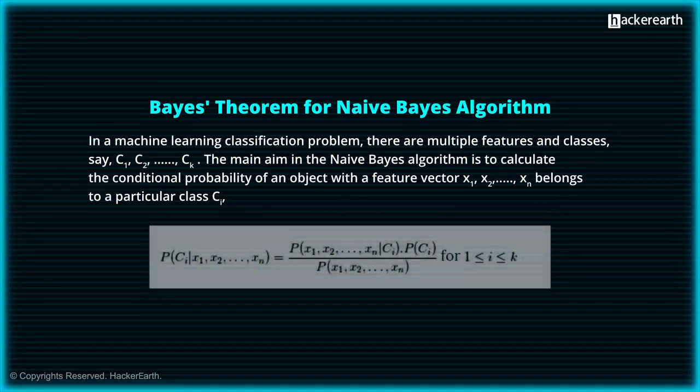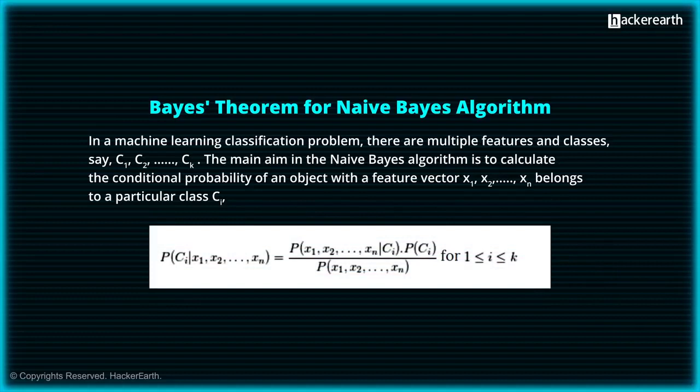That is, the probability of Ci given x1, x2, up to xn, which according to Bayes' theorem is equal to P of x1, x2, up to xn, given Ci, the probability of Ci, upon P of x1, x2, up to xn. This is to be calculated for all the values of i, ranging from 1 to k.